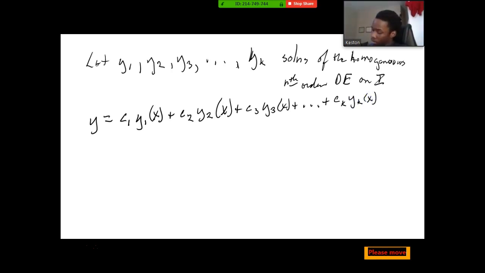If each one of those is a solution, then the sum of multiples of those solutions is also a solution. And here are the c sub i's, where i is going from 1, 2, 3, all the way up to and including k, are arbitrary constants. The c's here, this is the c.